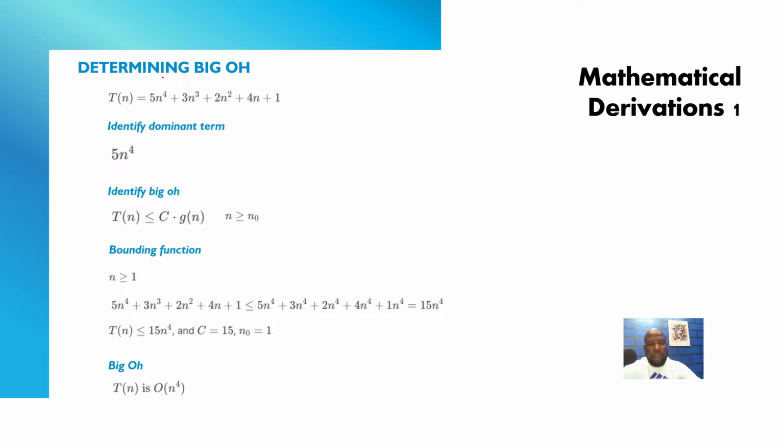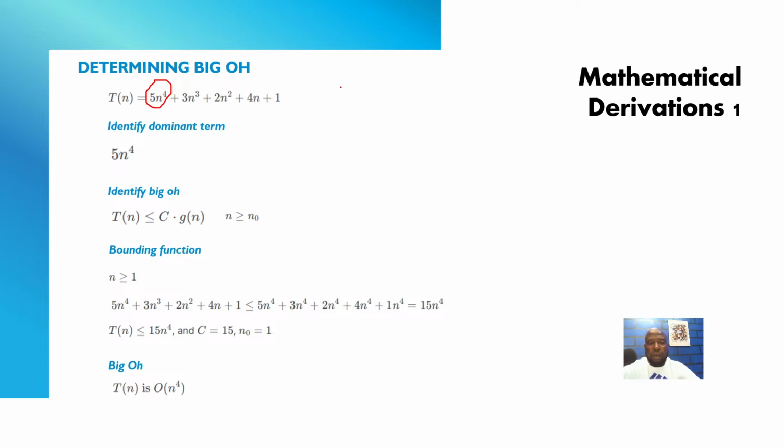And the dominant term is this 5n raised to the power 4. That is the first thing that you do. And why is this so? Because at large input sizes, this particular term grows way higher than the rest.